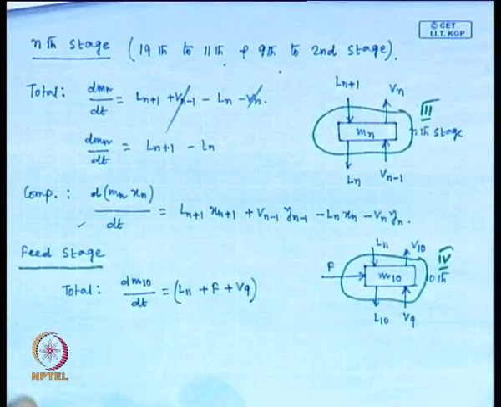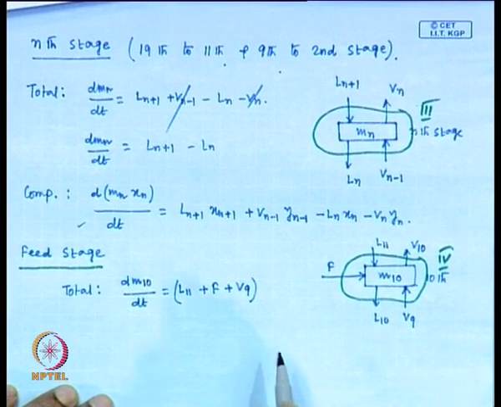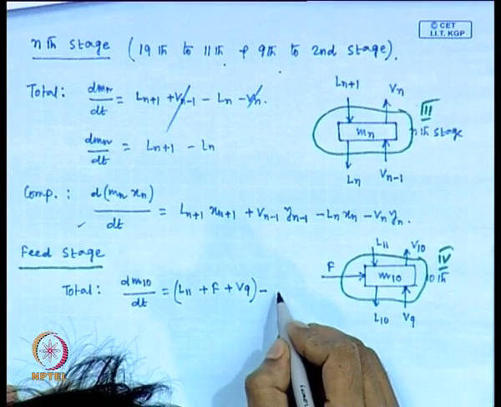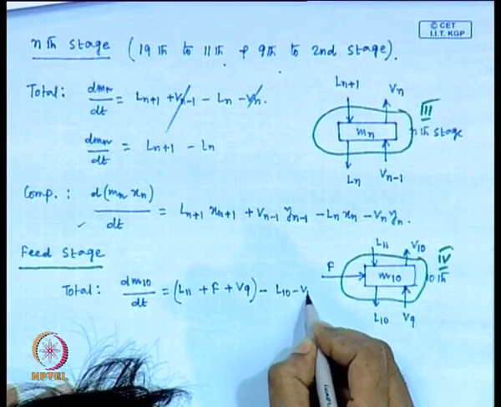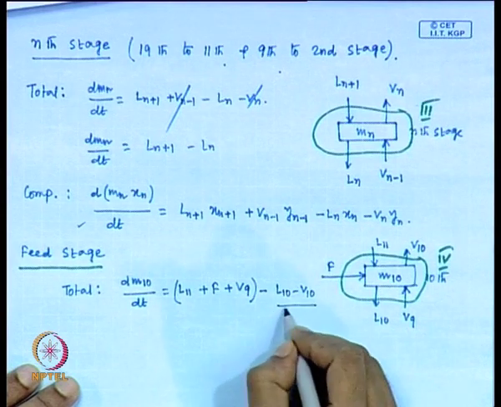These are input streams: L11, F and V9. And what are the outgoing streams? One is L10, another one is V10. These two are the outgoing streams.